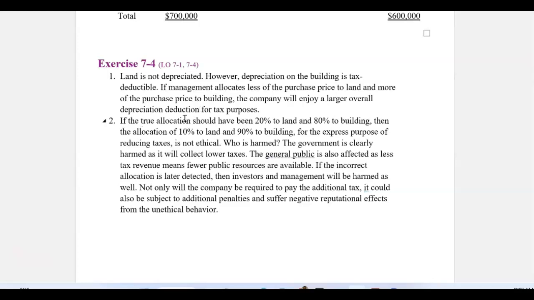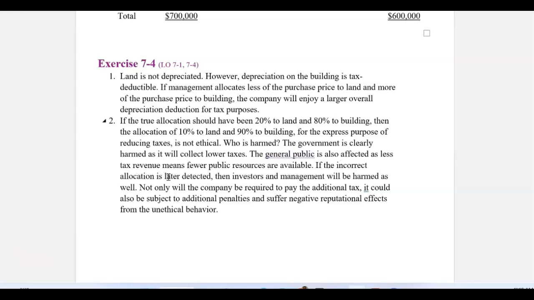No. If the true allocation should have been 20% to land and 80% to building, then the allocation of 10% to land and 90% to building for the express purpose of reducing taxes is not ethical. Who is harmed? The government is clearly harmed as it will collect lower taxes. The general public is also affected as less tax revenue will be collected.